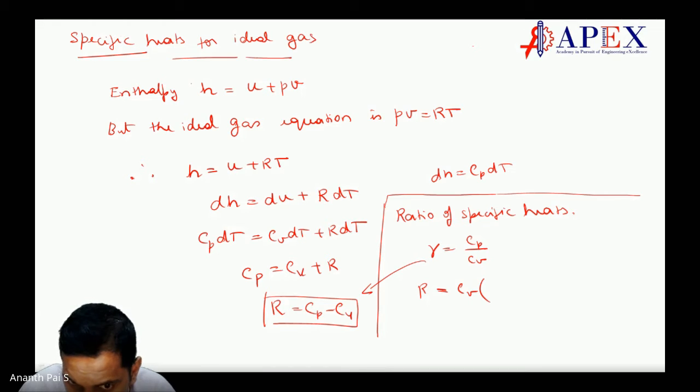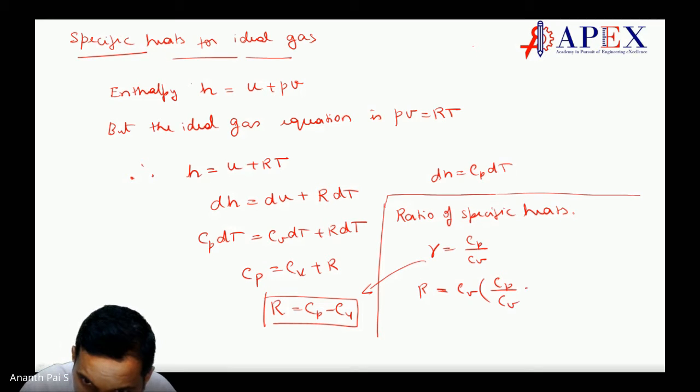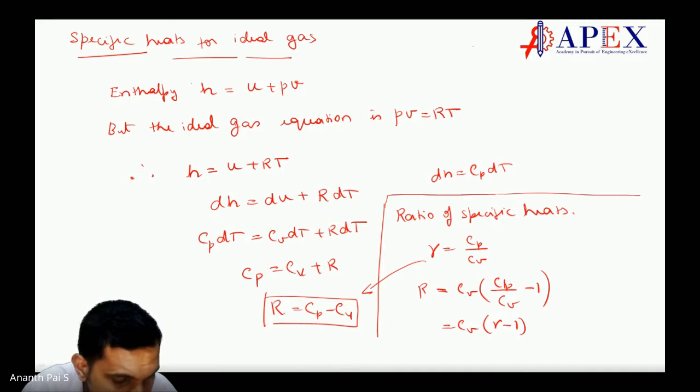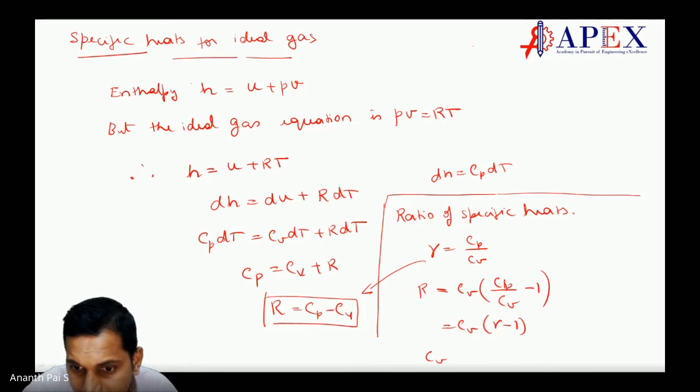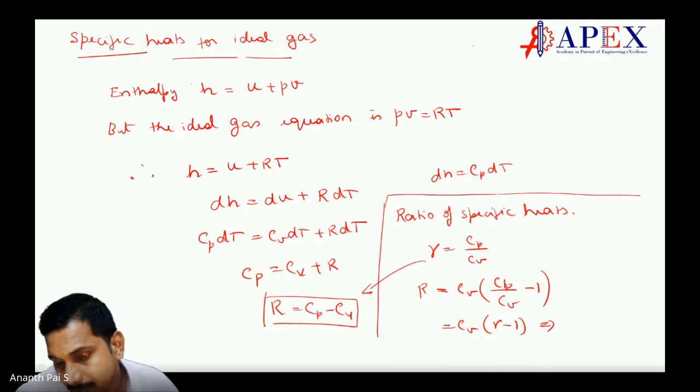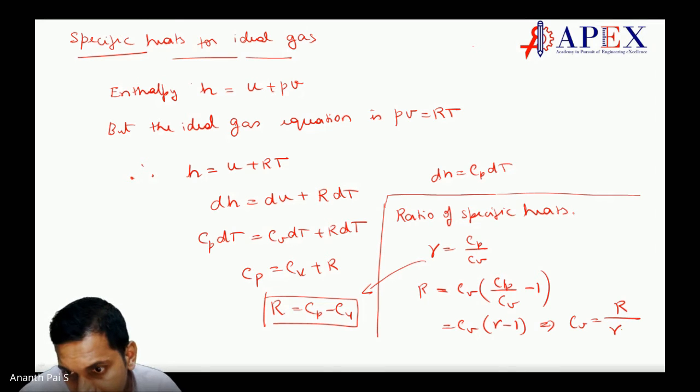So Cv into Cp by Cv minus 1. Now what is that? Gamma, right? So Cv into gamma minus 1. Makes sense? So what is Cv? Cv is equal to R by gamma minus 1.